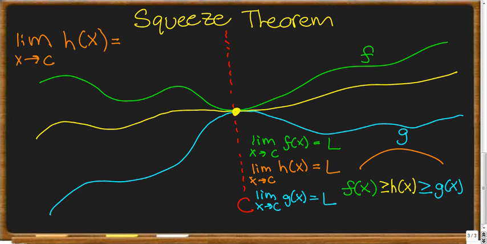If these two functions equal each other, then that means that this function must also equal them as well, and therefore its limit must also be there.